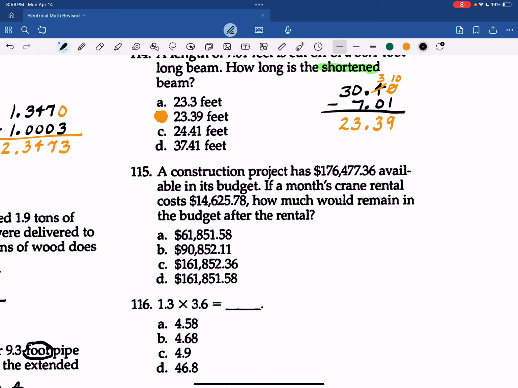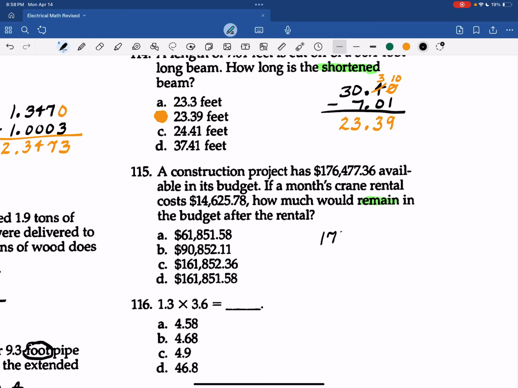A construction project has $176,477.36 available in its budget. If a month's crane rental costs $14,625.78, how much would remain in the budget after the rental?